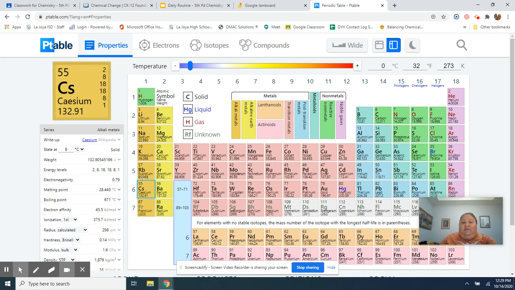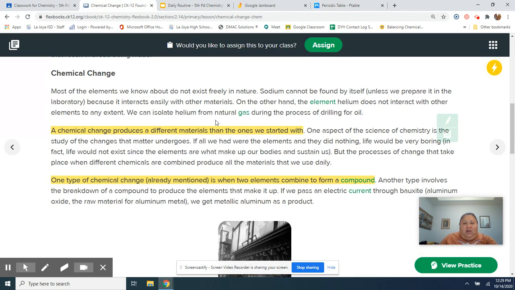Okay, all of those were chemical changes with water. Okay, all of these group ones. The only time you can get sodium by itself is if you prepare it yourself in the laboratory. Okay, and that's you helping it, you breaking it apart under certain conditions and storing it.